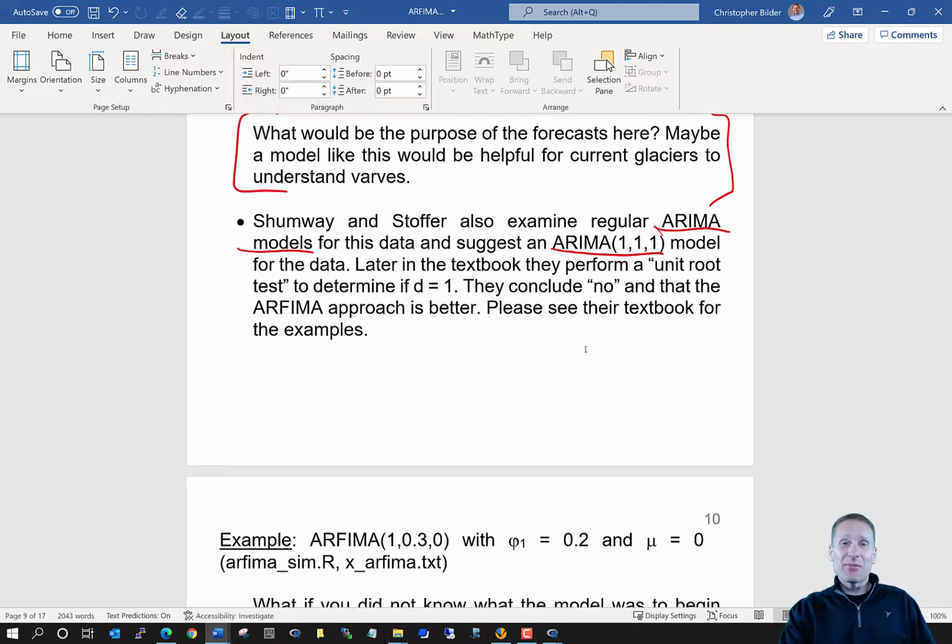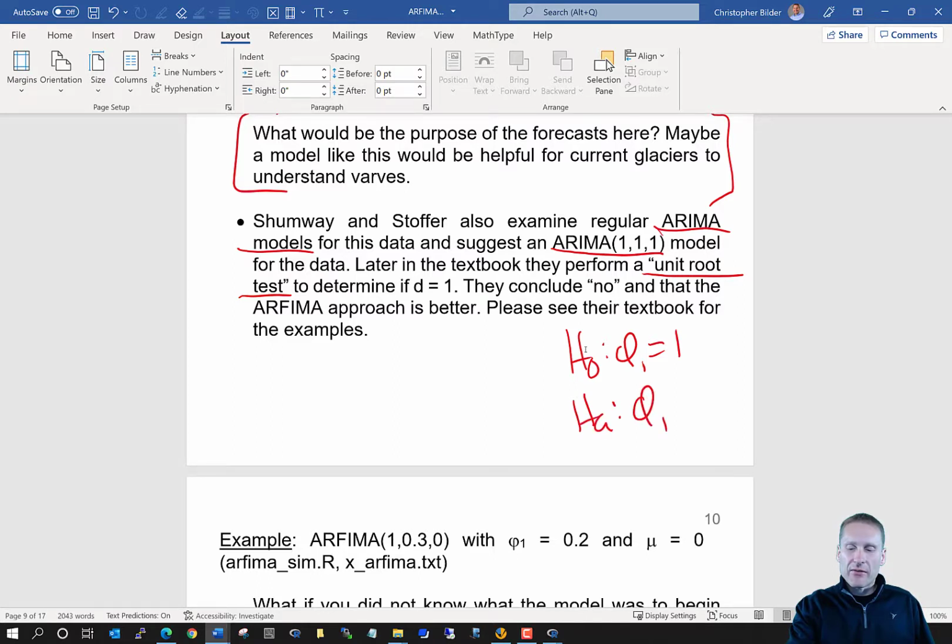However, in another place in their book, they come back to this data and they apply what's called a unit root test. Without going into all the details behind it, this is a hypothesis test that looks like this. Is an AR parameter, phi1, equal to 1 or not? The reason why that's important is as follows.